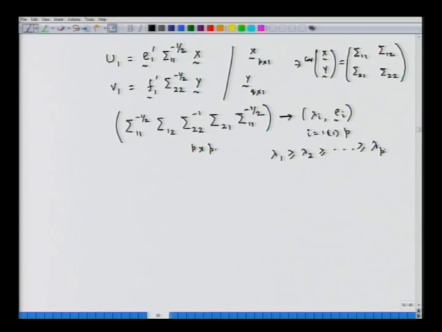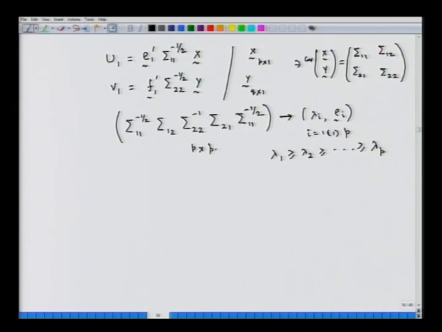We had also seen that f1 is the eigenvector corresponding to the largest eigenvalue of the matrix sigma 2 2 to the power minus half, sigma 2 1, sigma 1 1 inverse, sigma 1 2, sigma 2 2 to the power minus half.